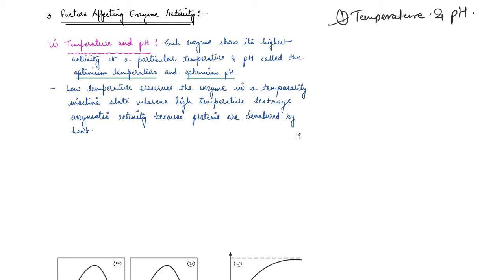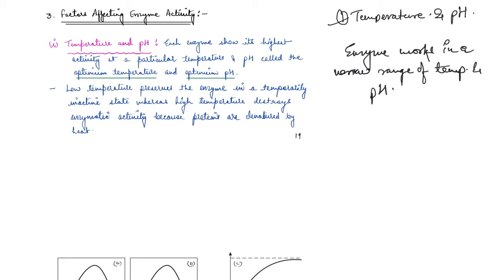Remember that an enzyme works in a narrow range of temperature and pH, and the temperature or the pH at which it works best is known as the optimum temperature or optimum pH, right?